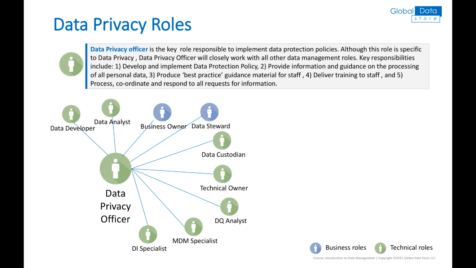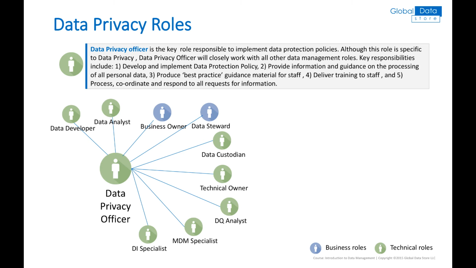Data Privacy Officer is the key role responsible to implement data protection policies. Although this role is specific to data privacy, Data Privacy Officer will closely work with all other data management roles. Key responsibilities include: 1. Develop and implement data protection policy. 2. Provide information and guidance on the processing of all personal data. 3.